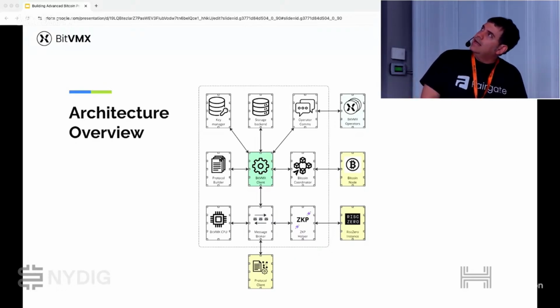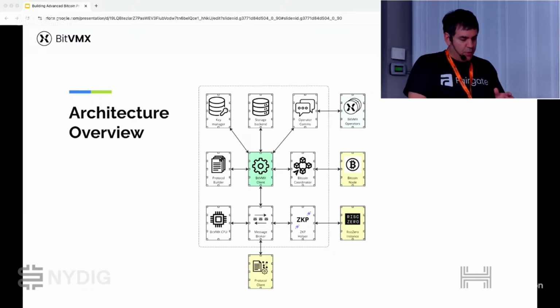In this graph, in the yellow boxes we have the external parts of the system: Bitcoin, the Bitcoin Core, the Bitcoin network. There are RISC0 instances that will generate the zero-knowledge proof. We have the protocol layers that will be built on top of BitVMX.